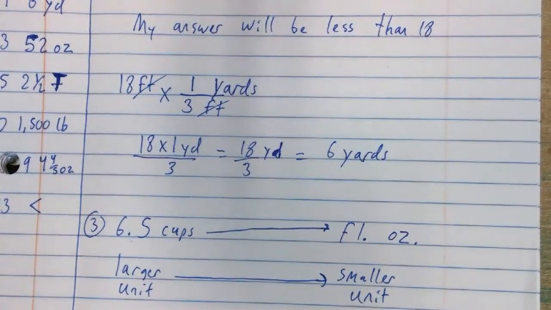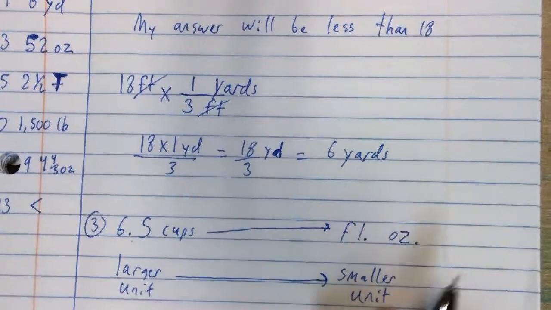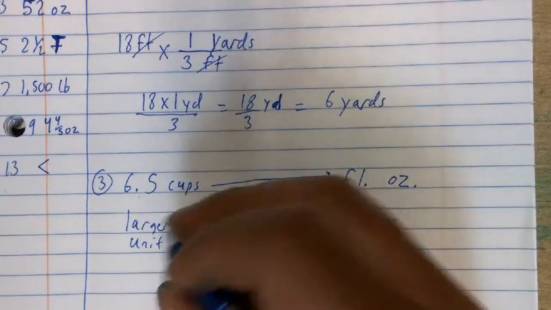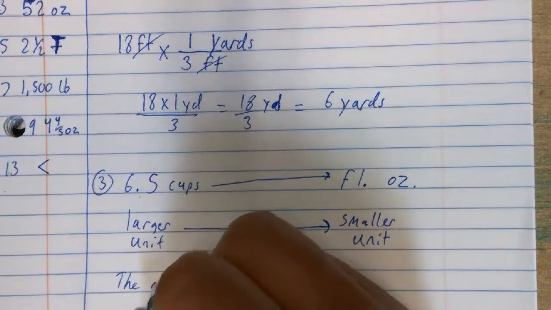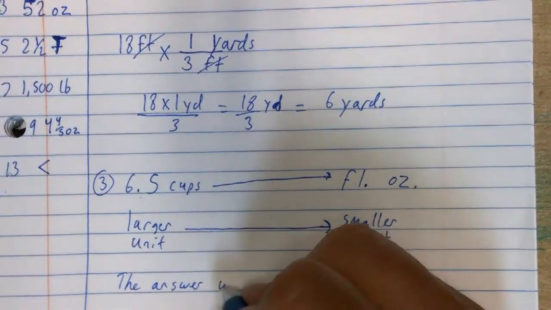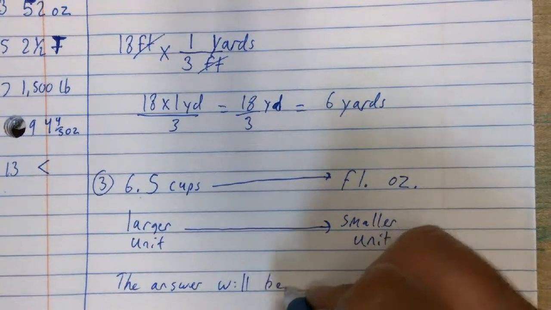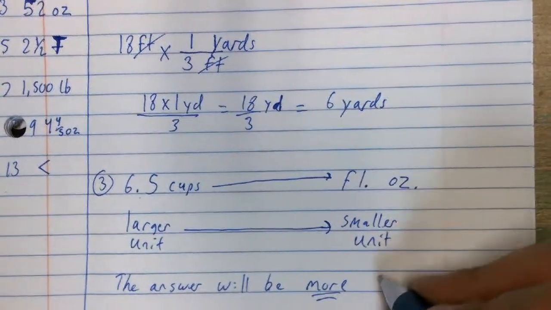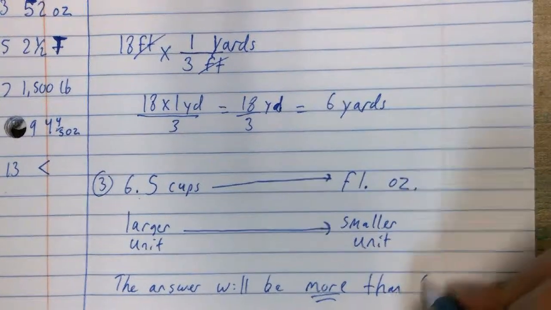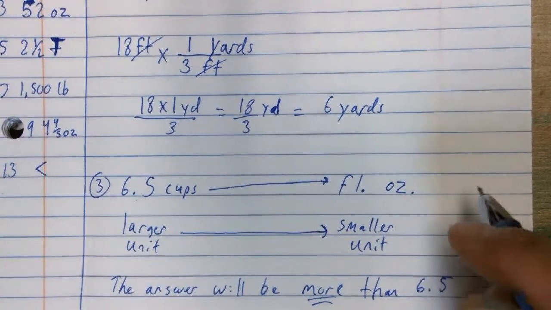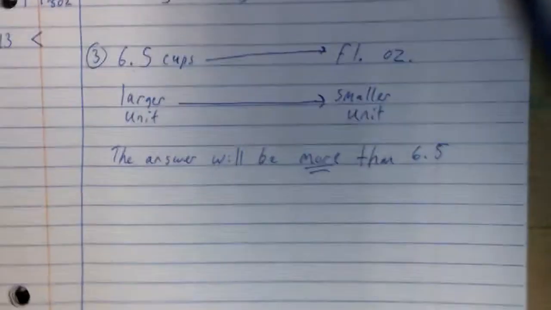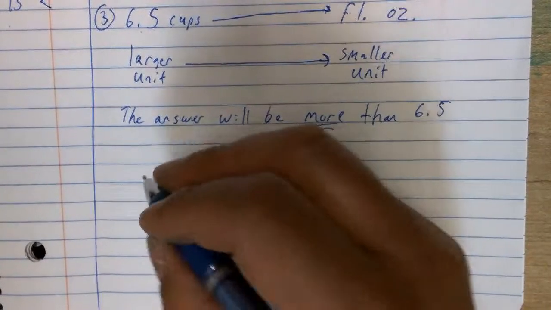I'm making a real quick prediction: the answer will be more than 6.5. Let's just do the math and see what happens. Maybe I'm wrong. It happens. You've seen me make plenty of bonehead mistakes.